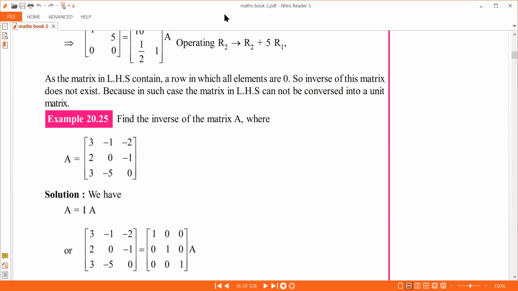Now let's write 3 minus 1 minus 2. Yesterday what we have done is a 2 by 2 matrix. Today we'll do a 3 by 3 matrix. Let's write the matrix first.